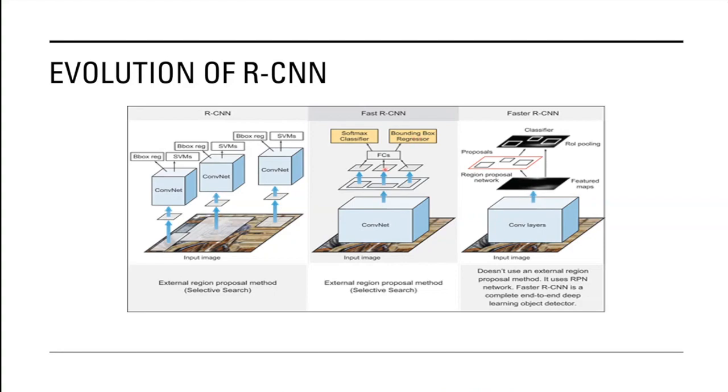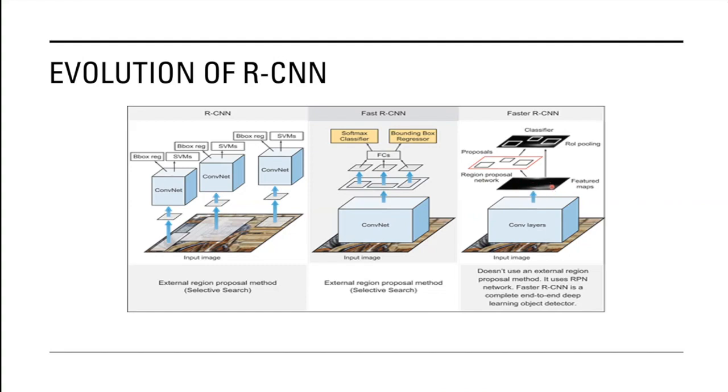These external region proposals go to the fully connected layers to do the classification by the softmax and the bounding box regression. Then the last of this family was Faster RCNN. They keep almost the same structure, but when they extract the feature map, they don't make any decision at this level.